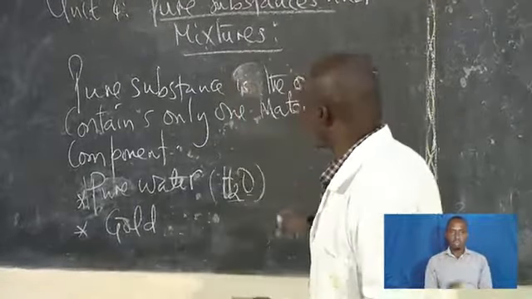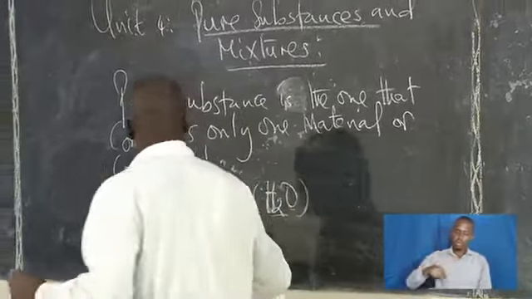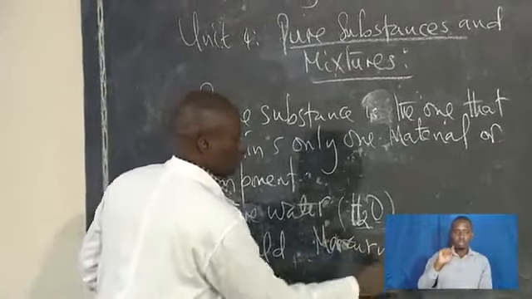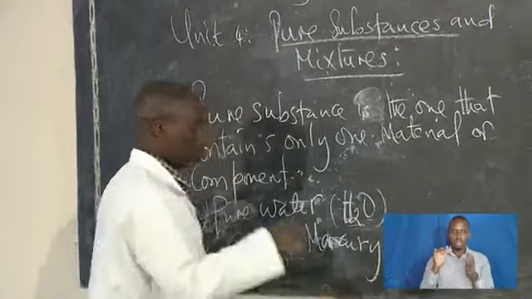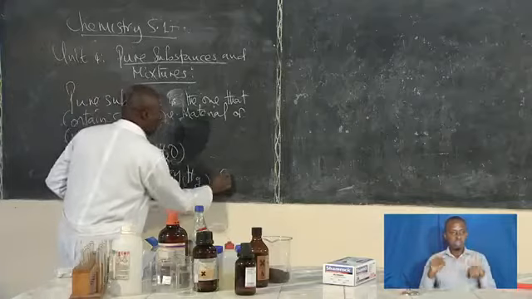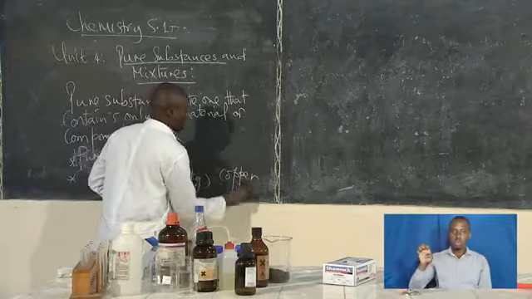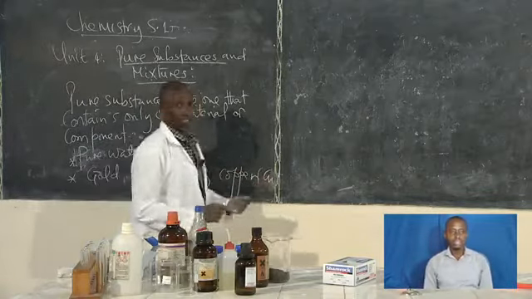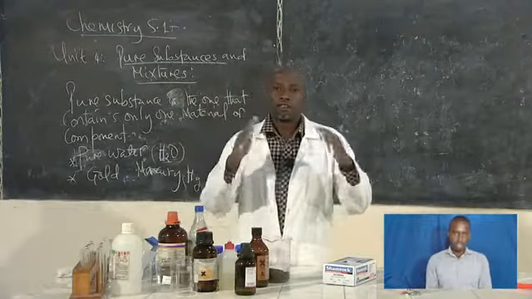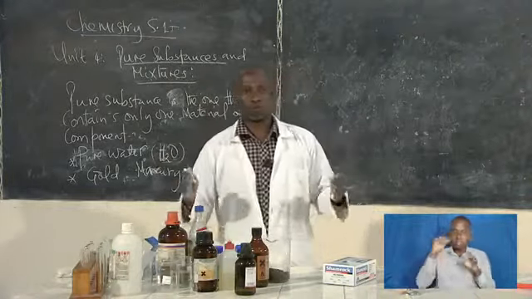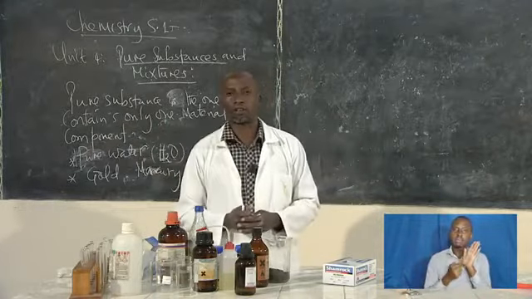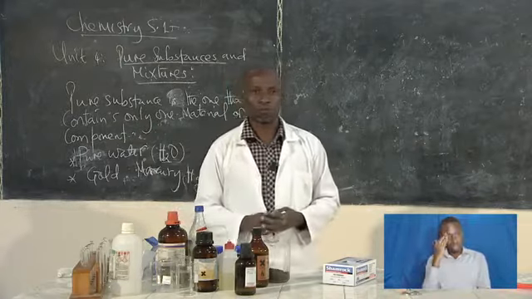You can talk about gold, mercury, and even copper and so on. These substances may be in pure form. Even other elements that you may know exist in pure form.